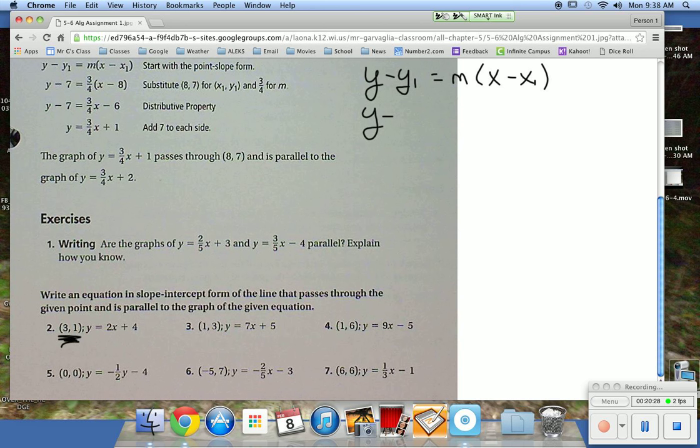And that point, what's the y on this coordinate point? I got 3 and 1. So I'm going to go y minus 1 equals, what's my slope? 2. There's my slope right here. 2 times x minus what?